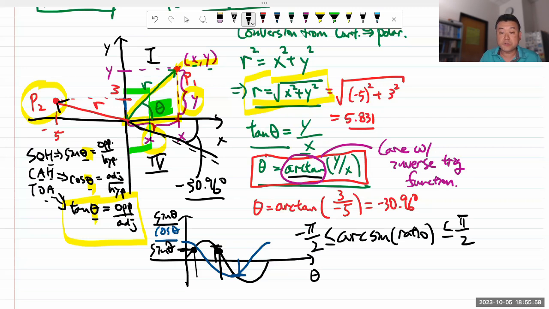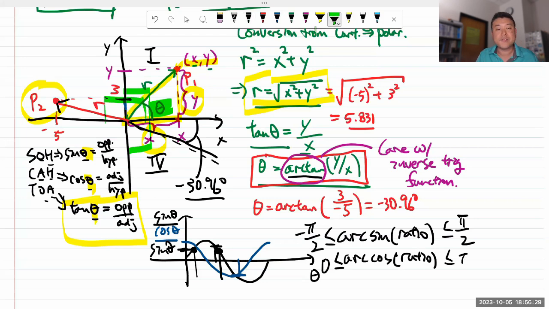And if you are using arc cosine, again the input being some sort of ratio, it's always going to be limited between, I want to say, 0 and pi. So it's going to be limited between something in the first quadrant or the second quadrant.